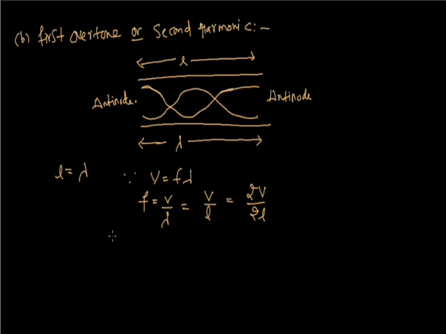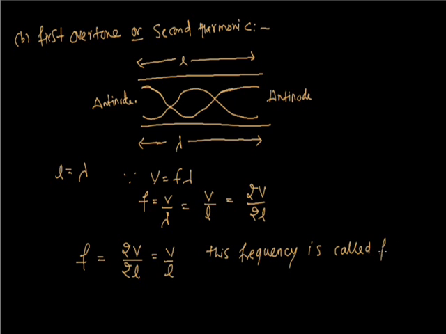So this frequency F is equal to 2V by 2L, or V by L. This frequency is called the first overtone or second harmonic.